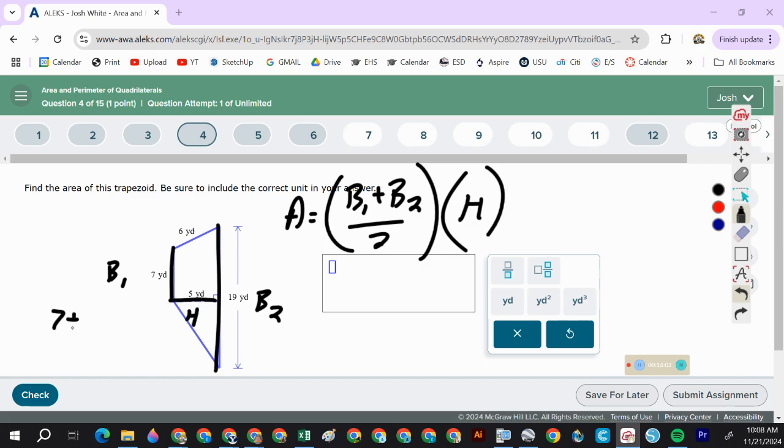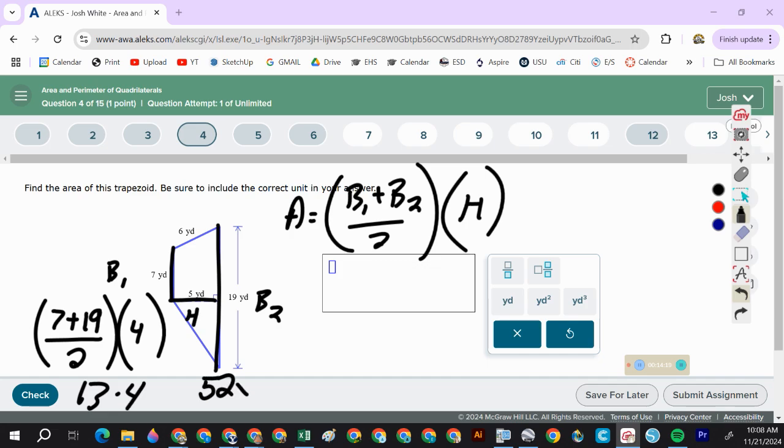So 7 plus 19 over 2 times 4. 7 plus 19 is 26. 26 divided by 2 is 13. 13 times 4 is 52 yards squared.